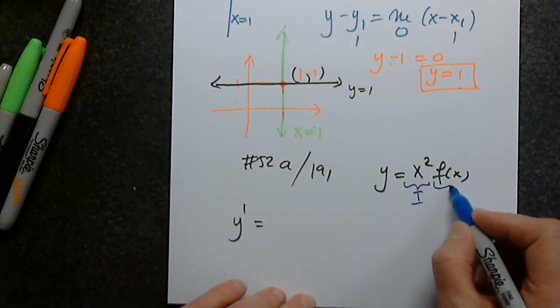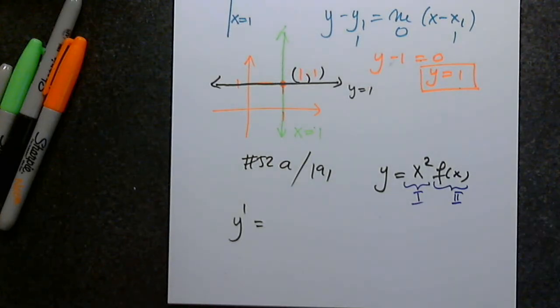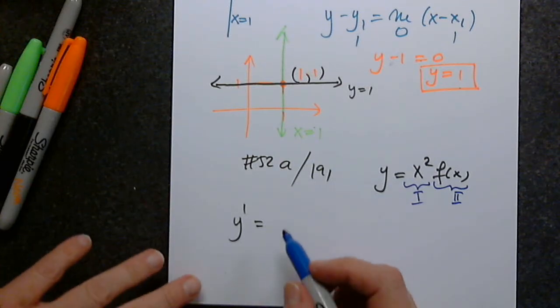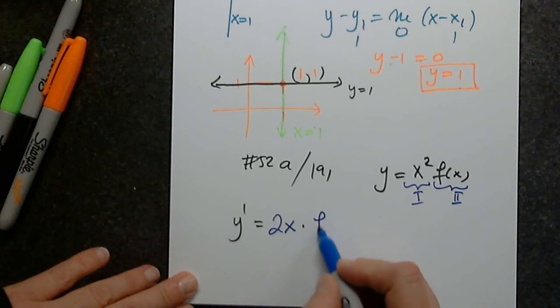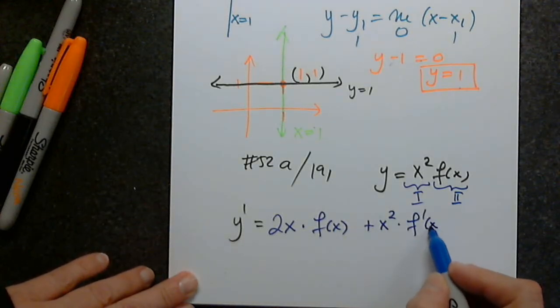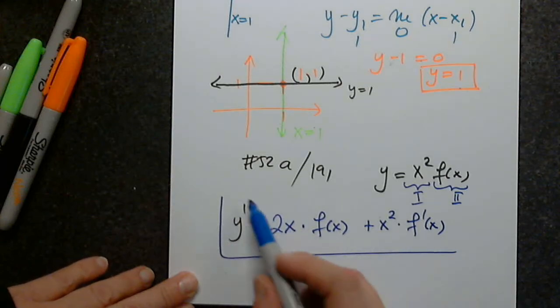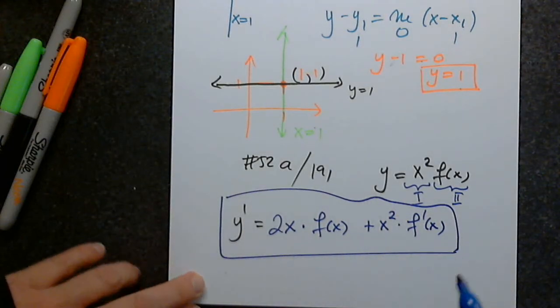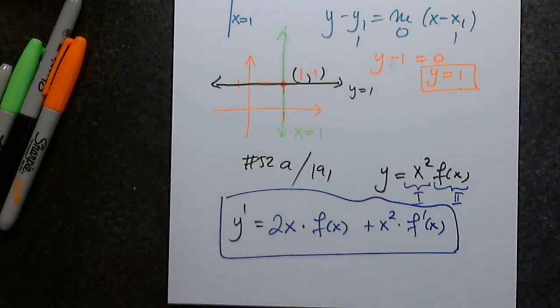This is function 1, and this is function 2. If you're using my method, then you will say 2x times f of x plus x squared times f prime. Remember, when you apply the product rule, you should always have a sum of 2 terms as the final answer.